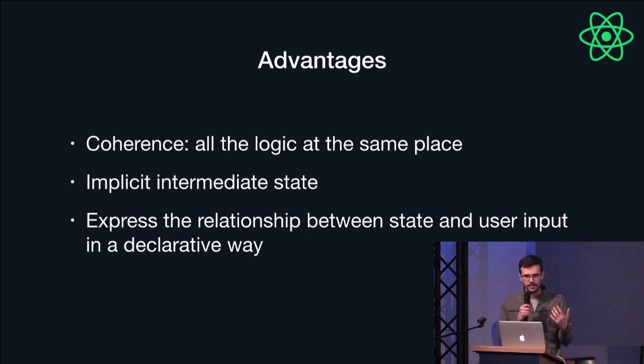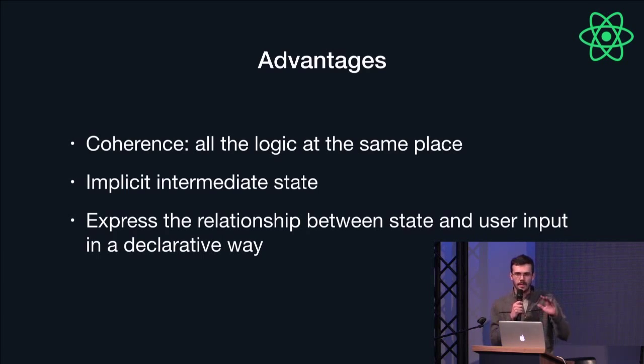So this model has a lot of advantages. Firstly, it has a lot of coherence. The logic is all in the same place, and in the good order, you can pretty much read sequentially the instructions of the operators that you applied on your observable and understand what's happening.